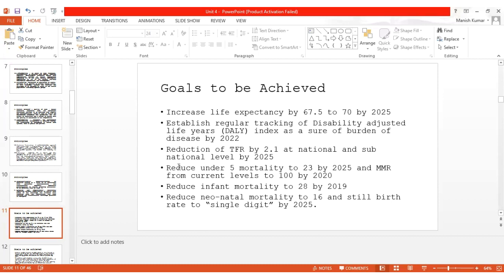So in a year or so we will be reaching 2025. And if I am right, we are quite near to achieving that TFR, and some of the states have already reached 2.1. How much is TFR for Manipur? Sir, it is 2.17. So quite near. Hopefully by 2025 we will be at 2.1.